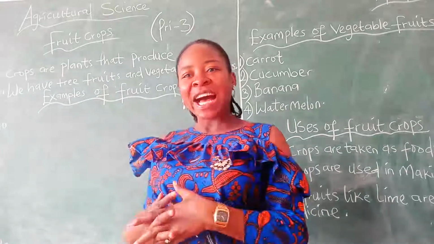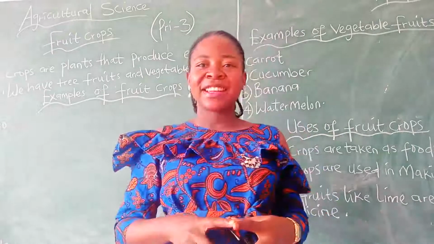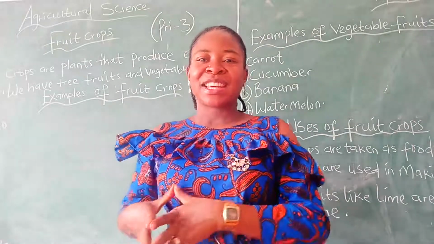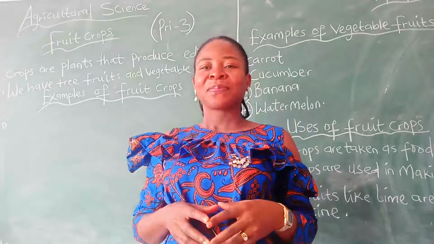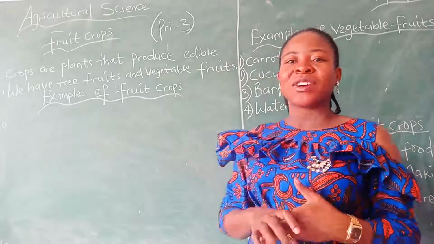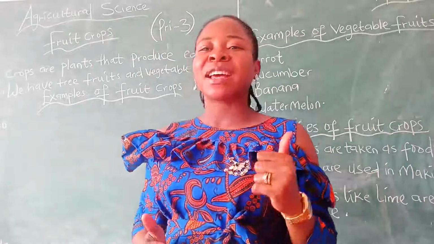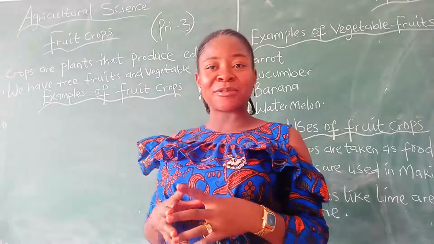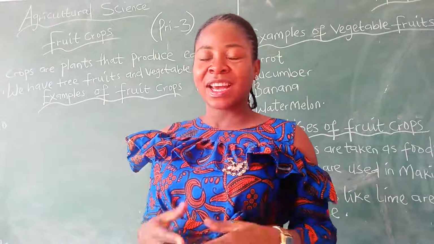Okay, we have on our board agricultural science, and our topic today is fruit crops. In our previous class, we talked about crops. And we said that crops are plants grown for food and other uses of man.